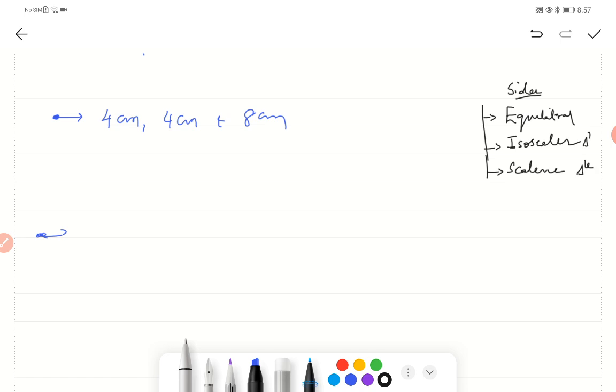All the sides of a scalene triangle are unequal, that is, not all three sides are equal. Here all three sides are equal, here two sides are equal, and here no sides are equal.